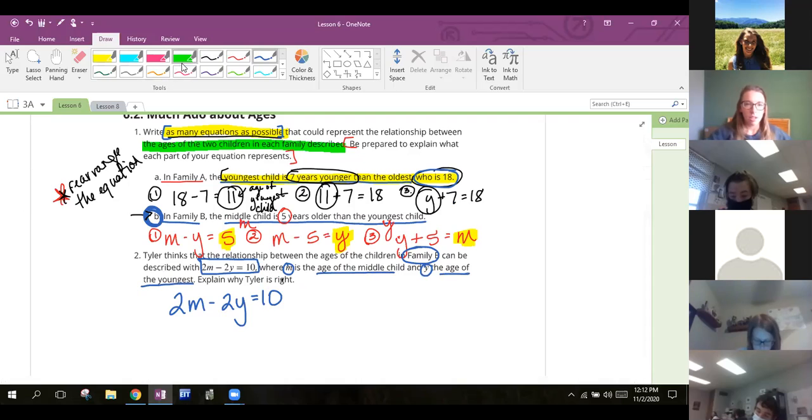All right, so explain why Tyler is right. We came up with all three of these equations right here to represent that situation. Tyler came up with this one and he is correct.